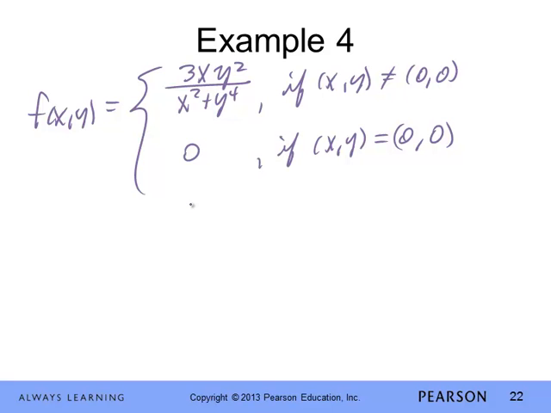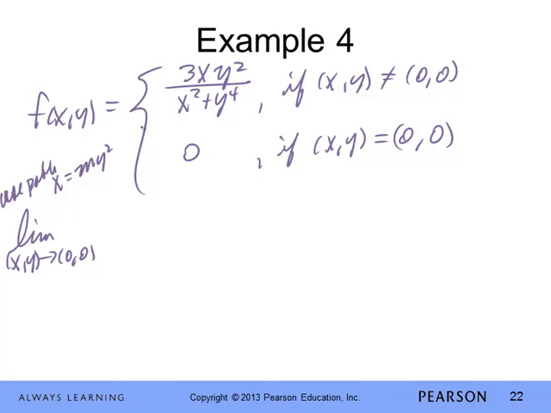Well, if you were to gander over to the top of the next page, you could see that if you were to take the limit as (x,y) approaches (0,0) along the path, let's use the path, in this case, the parabola x is equal to my squared.